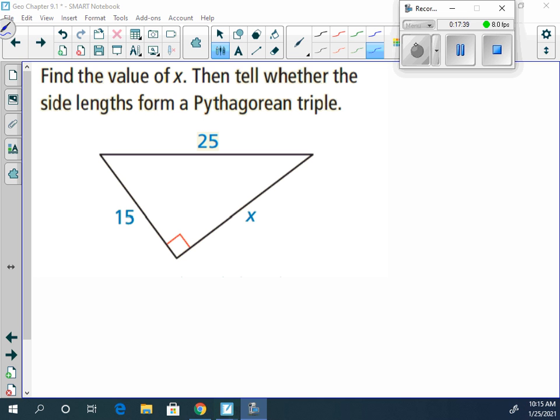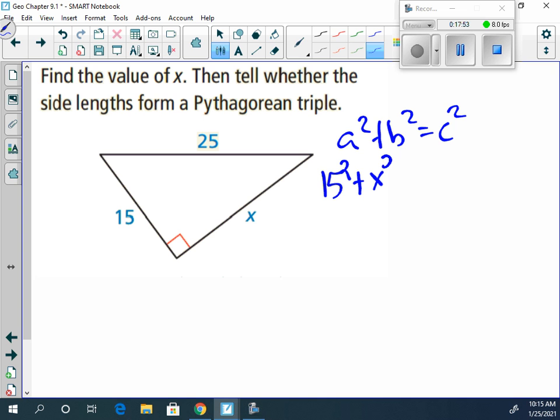All right. So when we look at this here again, we're sticking with a squared plus b squared equals c squared again. Now our legs for this here, a and b, are going to be what? So 15 squared plus x squared equals 25 squared. Now this time we just can't plug everything in a calculator.